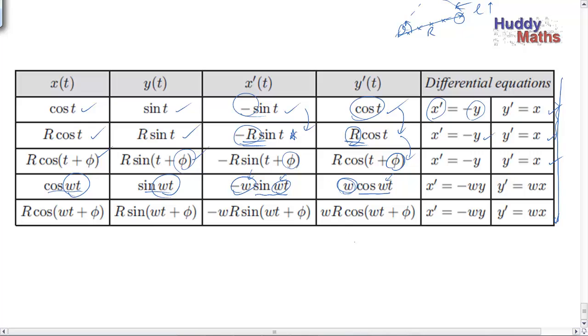Just let's have a look at the idea here, and that is the differential equations would both have an omega in front now. So if you think about that, the angle after time t is going to be omega t. So that's our theta. The angular velocity is d theta by dt, which is the derivative of omega t with respect to t, which is omega.